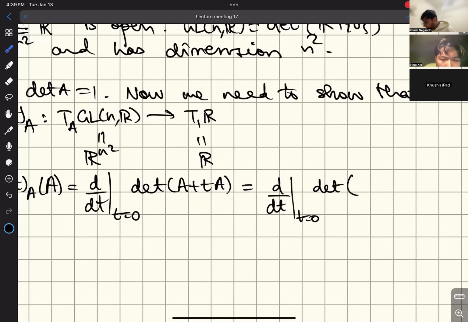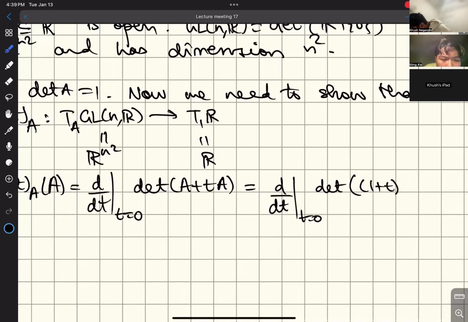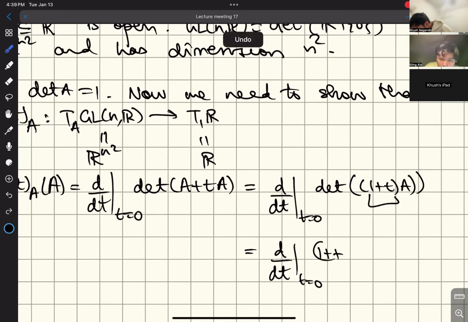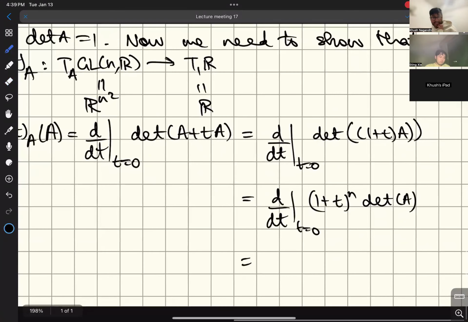If I factor out an A, I get 1 plus t times the identity, and then factoring out the 1 plus t, I get (1 plus t) to the n times the determinant of A. Evaluating this derivative is not hard at all.